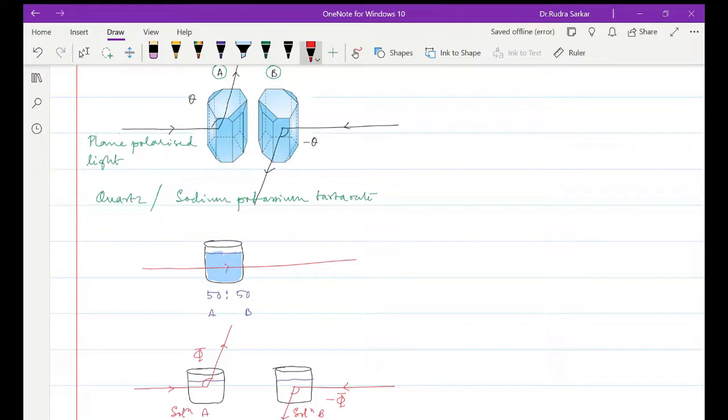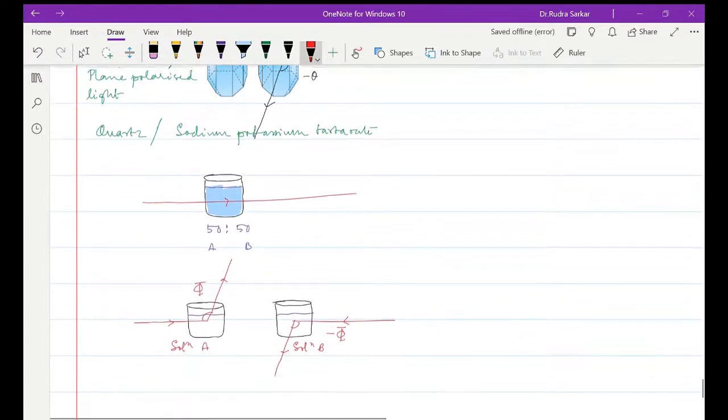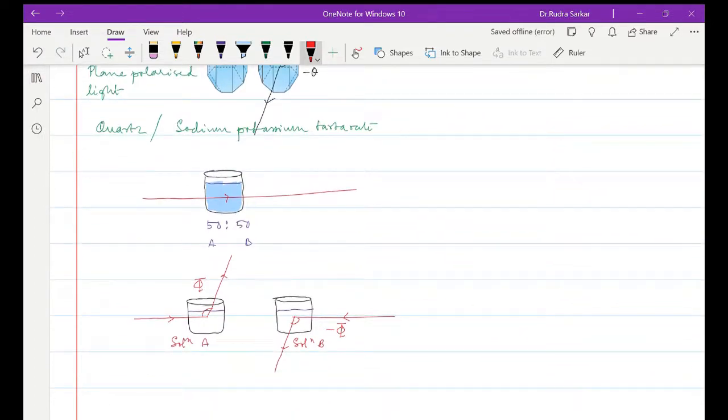But there was no deflection obtained over here. That means we are not seeing any optical rotation for a solution having 50% of A and 50% of B. This type of solution, which has equal amounts of A and B and no optical rotation, was called a racemic mixture.